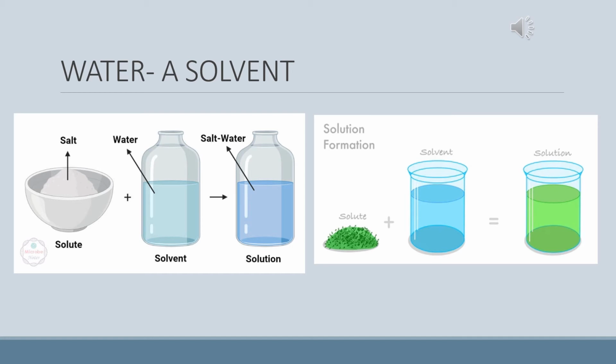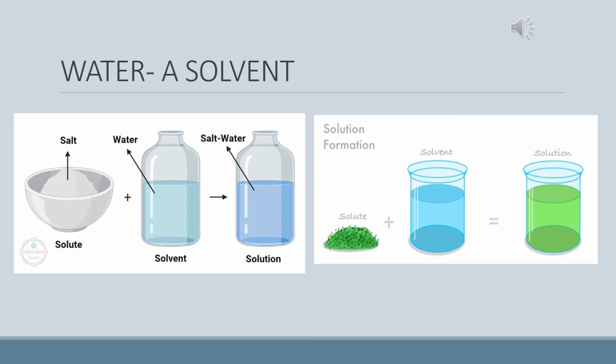A solution is a homogeneous mixture of two or more components. In order to be a solution, there should be two components: one should be a little less in amount and one should be a little higher in amount. Whatever is less in amount is called the solute, and whatever is higher in amount is called the solvent.